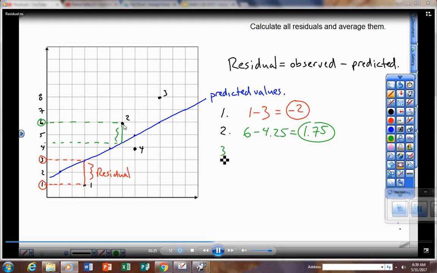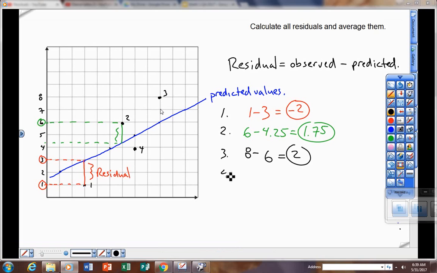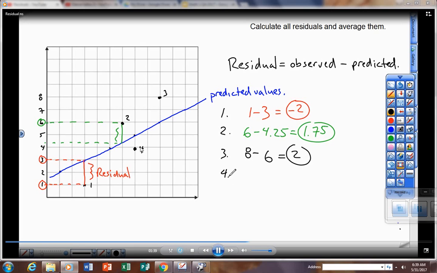Alright, number 3. The observed value is 8. The predicted value is 6. That is above the line, will give you a positive residual of 2. Number 4. The observed value is 4. The predicted value is 5. Observed minus predicted gives me 4 minus 5 is negative 1.